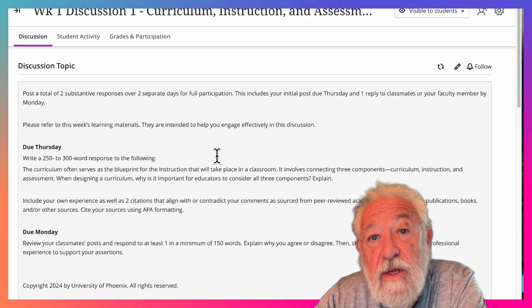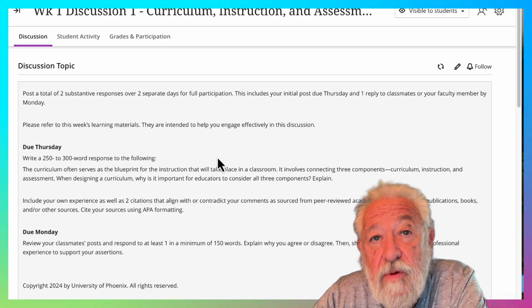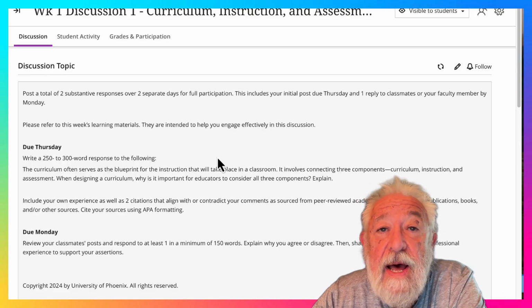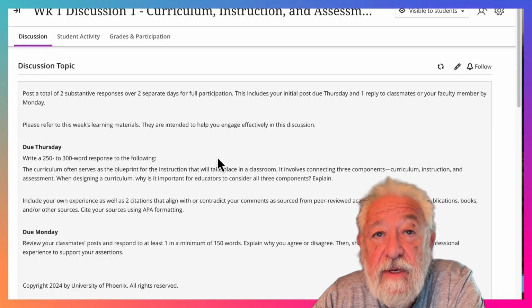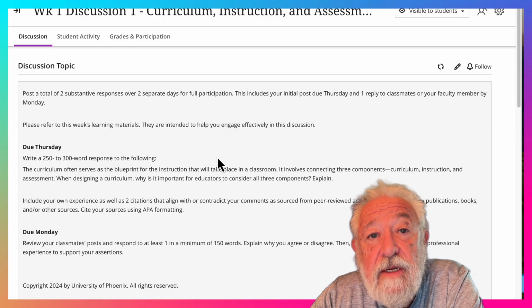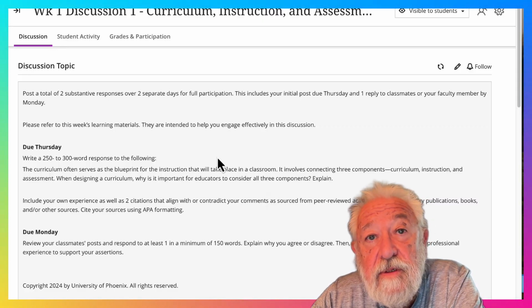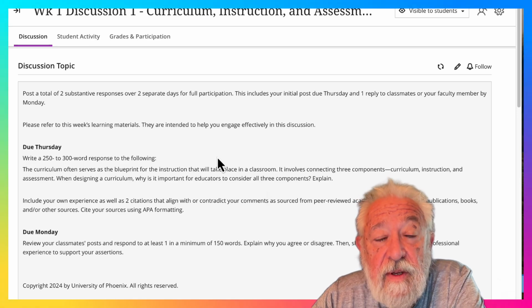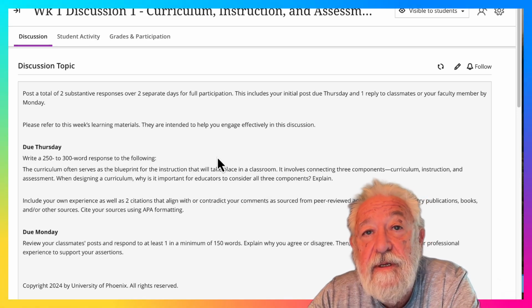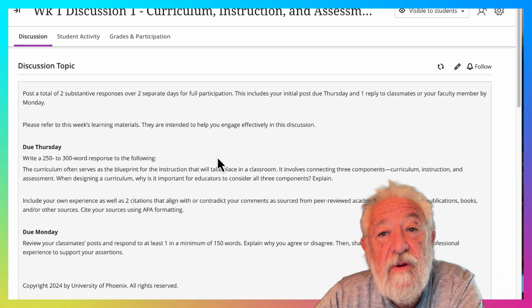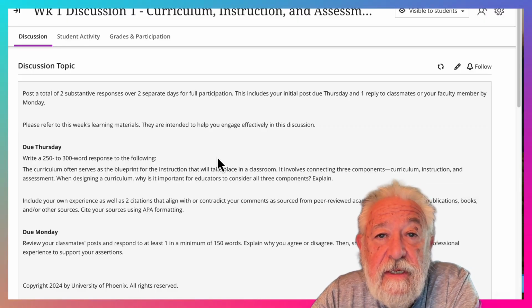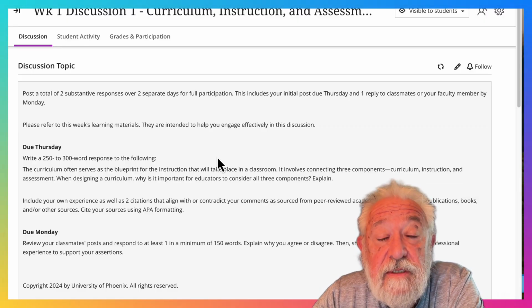Why do they need to be aligned, or do they need to be aligned? So curriculum is what you teach, instruction is how, and then of course assessment is, okay, how well did you do with the instruction? What was the outcome? Good, bad, or different? So we assess it. So we want to discuss this in our first.